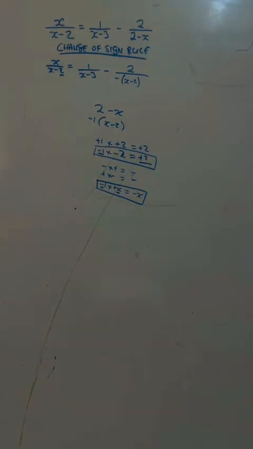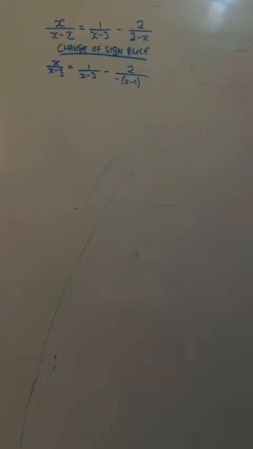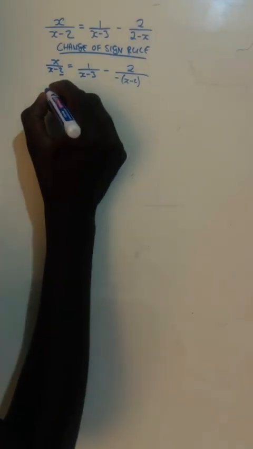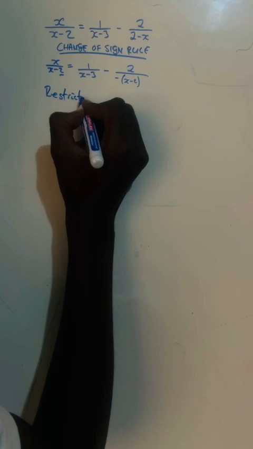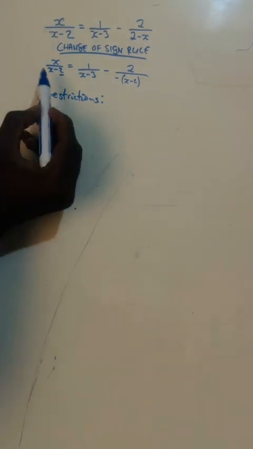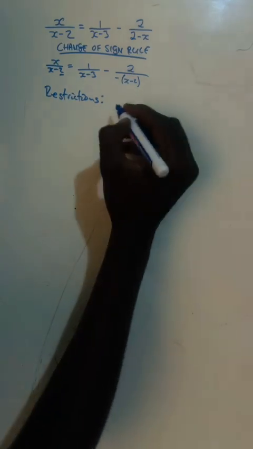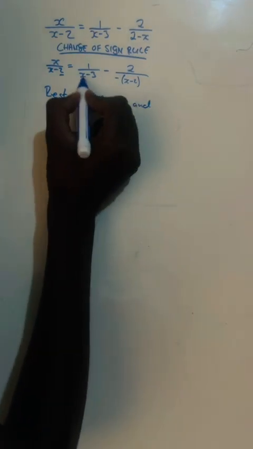All right. Then from there, what are we going to do? Now we're going to write our restrictions, because we've got two of them. We've got this x minus 2, so we write that x minus 2, and we have x minus 3.